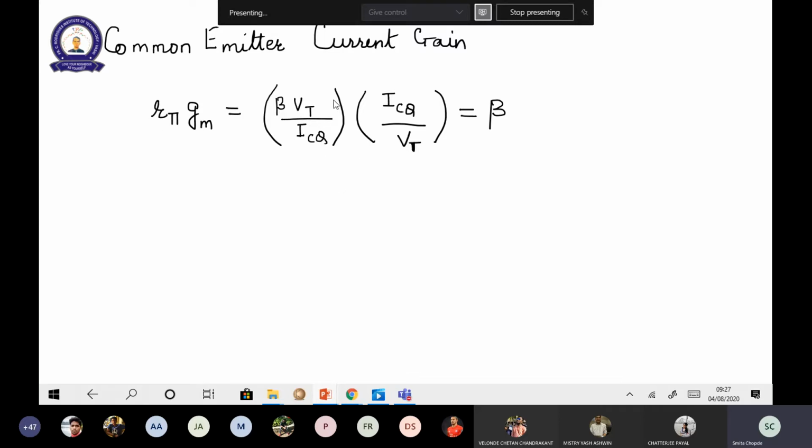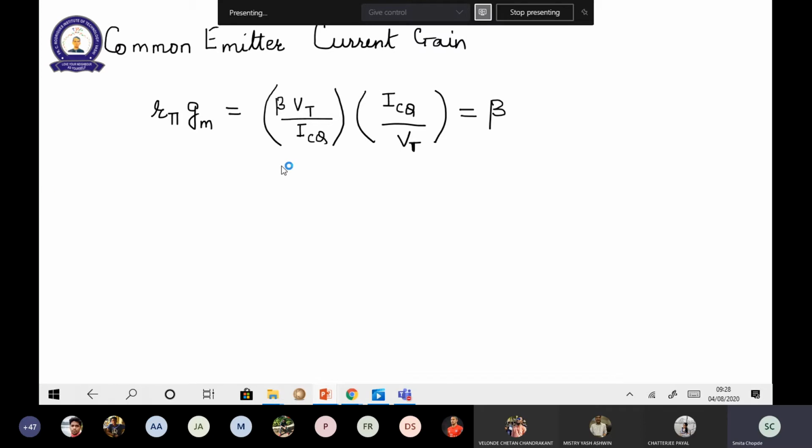So R pi is given by beta Vt upon ICQ, and GM is transconductance, which is measured as output current upon output voltage. When nothing is applied, your quiescent current is existing, and this is the output voltage existing between collector and emitter terminal, Vt. So GM is ICQ upon Vt.